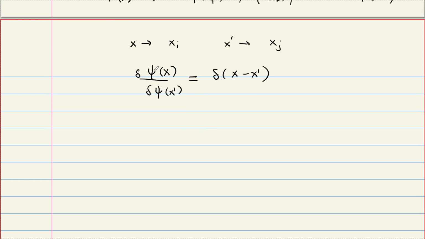And since our order parameter is complex, we also have to think about things like this. ∂psi(r)/∂psi(r prime). Now, since this is trivial, I can easily replace this with r. This is r prime. This is going to be delta of r minus r prime.